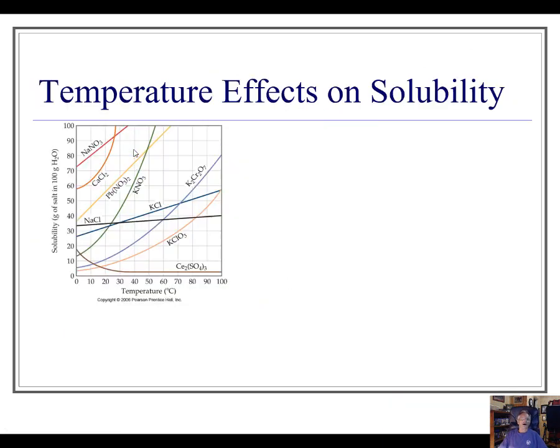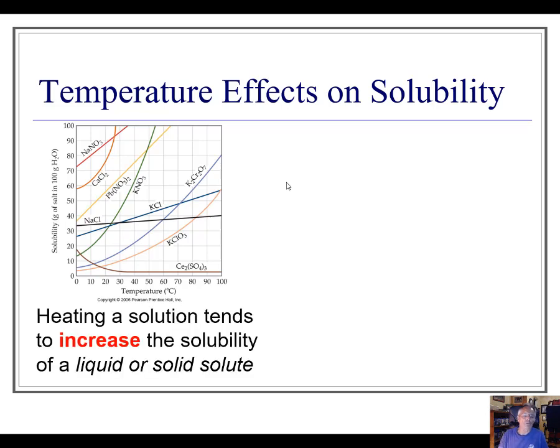All right, let's look at the temperature effects on solubility. As I said, solubility is temperature dependent, and for most solids and liquids, the solubility tends to go up, and here is just a graphical representation of the limits of solubility of a salt in 100 grams of water.